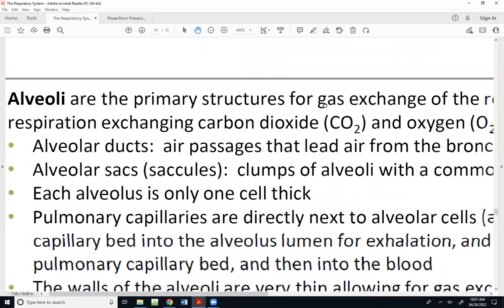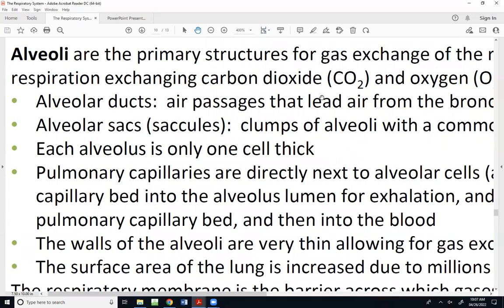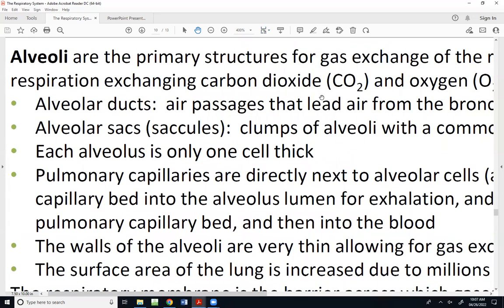But first we have to talk about the tiniest, but also the most important structures in our lungs. And that's because they are the primary structures for gas exchange, and those are the alveoli.